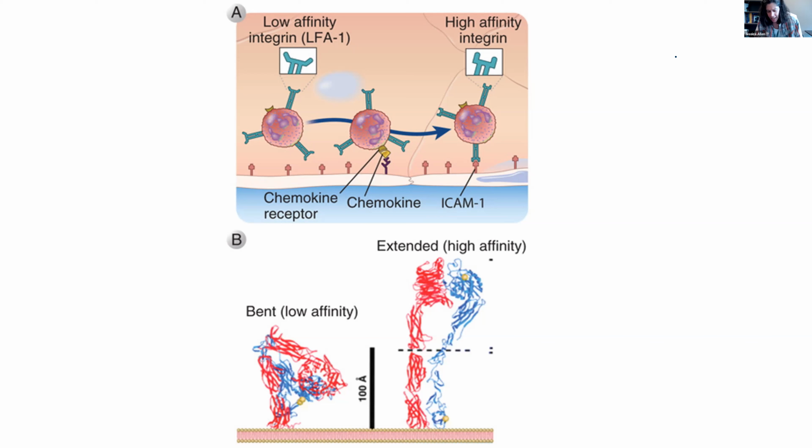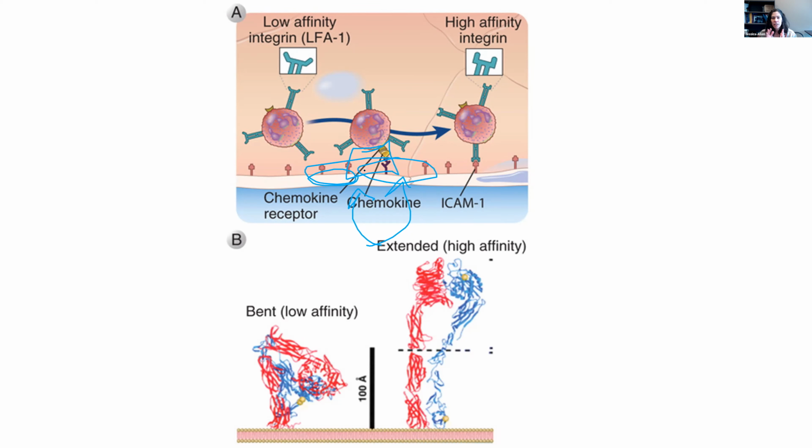Now, as they're slowing down, the white blood cells are kind of like, okay, what's going on here? Well, what they're going to get next is a signal to prepare to stop. And that signal to prepare to stop is actually the exact same chemokine or a similar chemokine that got them moving in the first place. As the cytokines and chemokines were leaking out from the tissue, some of them actually stick to the vessel.